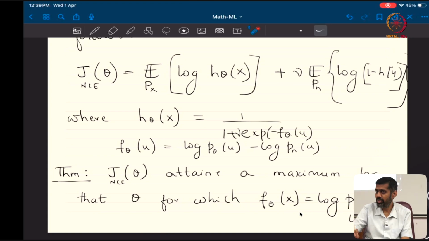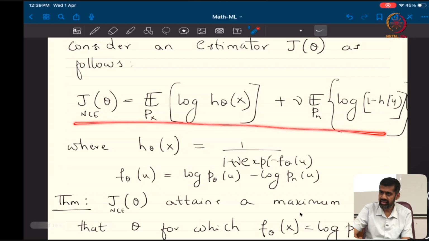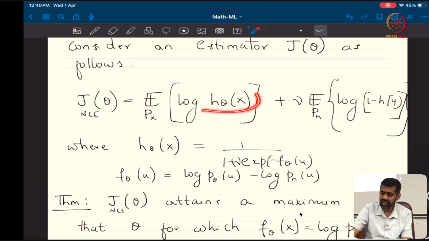We are done, right. So, what we are saying is that you can solve this binary classification problem in the best possible way only if the implicit density estimate that your neural network h theta is imposing is equal to that of the data density. Now, how do you prove this? I will just tell you how to prove this. See, this J theta is an expectation with respect to Px and Pn, is it not? Now, this h theta has dependence on p theta of u.